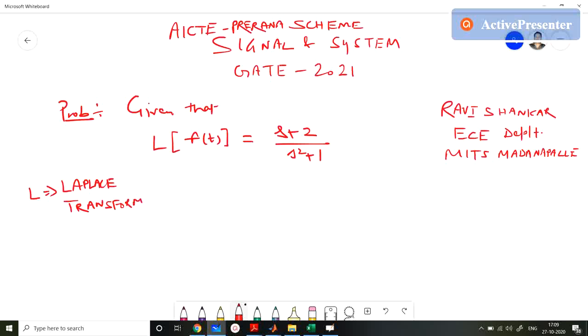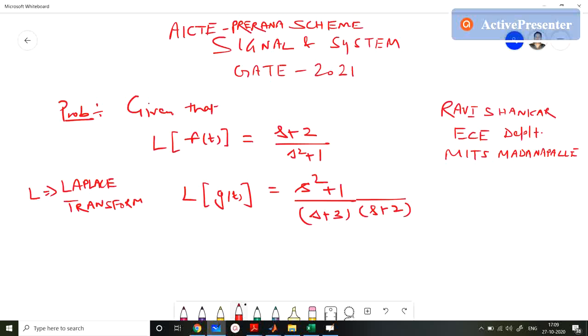This Laplace transform of f(t) is given, and we also have another time domain function g(t), whose Laplace transform is given as (s square + 1) divided by (s + 3)(s + 2). This information is provided in the question.